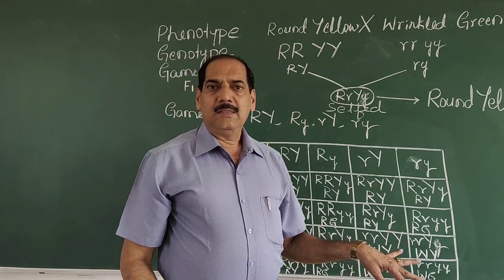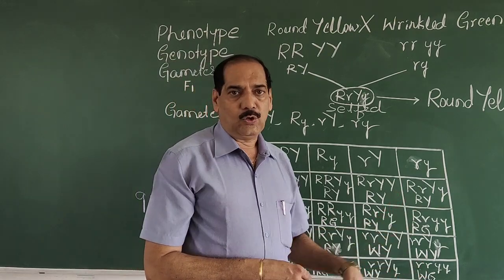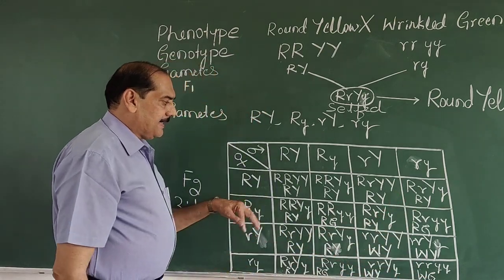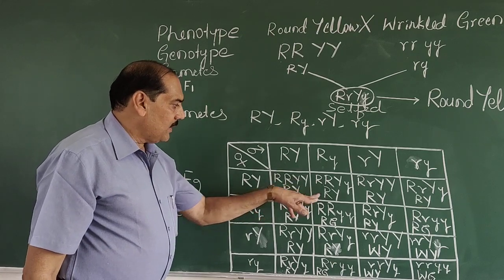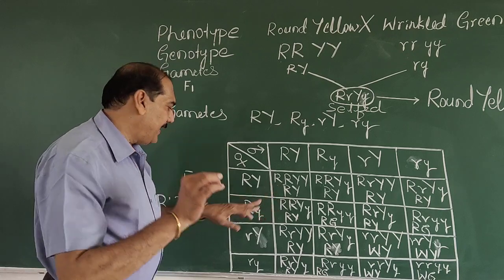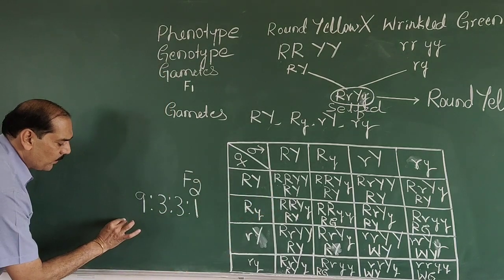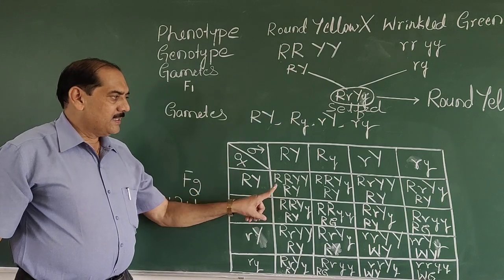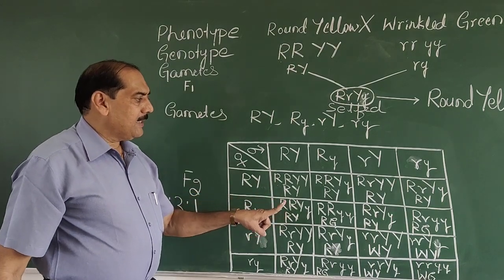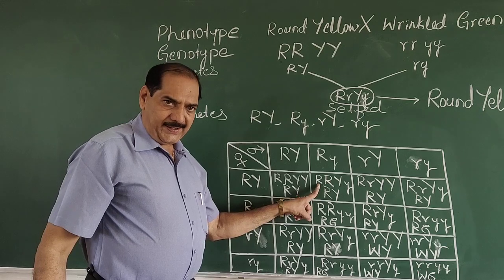Are all plants' genotypes the same? No, that also differs. See, which plant has all the 4 dominants? Only one. Only one plant has all the 4 dominants. How many have 3 dominant?